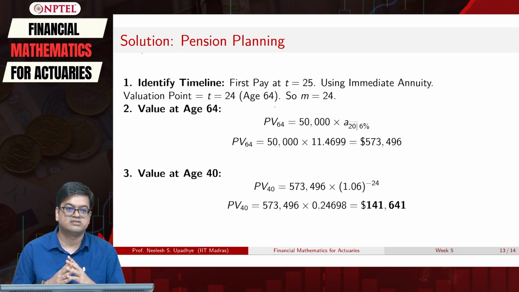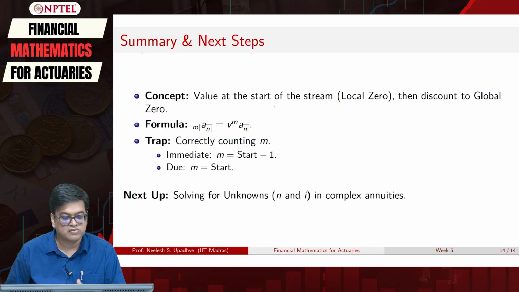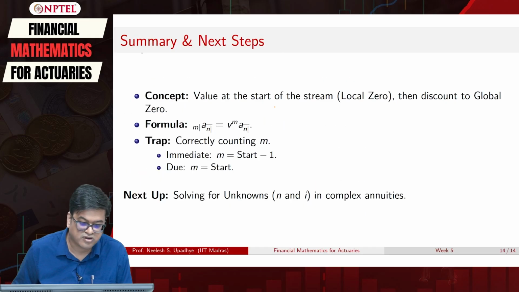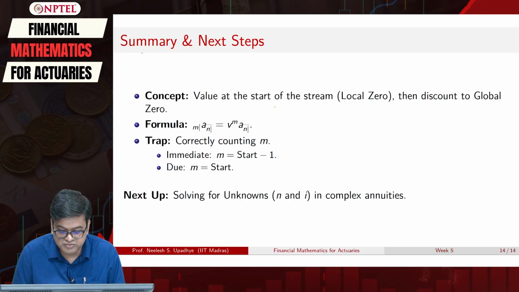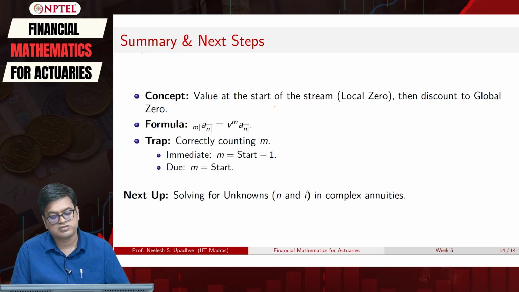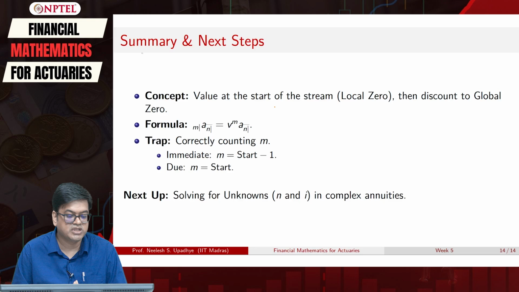So, we have done a lot again today. Let us try to summarize what we have done in today's lecture. First, we handled the concept of value at the start of the stream, which is local 0, and then we discounted it to global 0. So, that discounting method gave me this formula, which is M vertical bar A angle n is equal to v raised to M times A angle n. Okay.